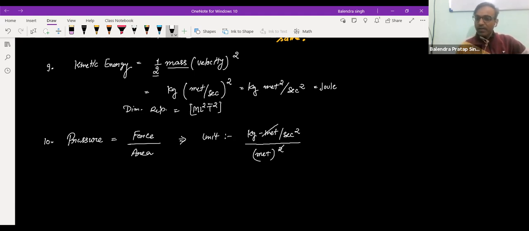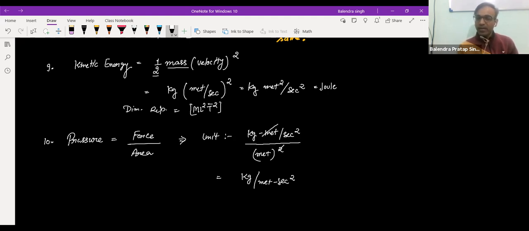So the remaining terms are kilogram per meter into second square. So this is the unit for pressure.